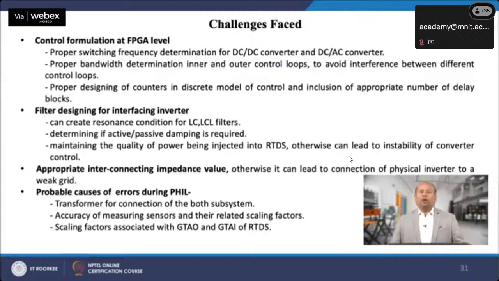Other probable causes of error during PHIL validation can be enumerated as transformer connection for connecting subsystems, accuracy of measuring sensors and scaling factors related to them, along with scaling factors associated with GTAO and GTAI cards of the RTDS.